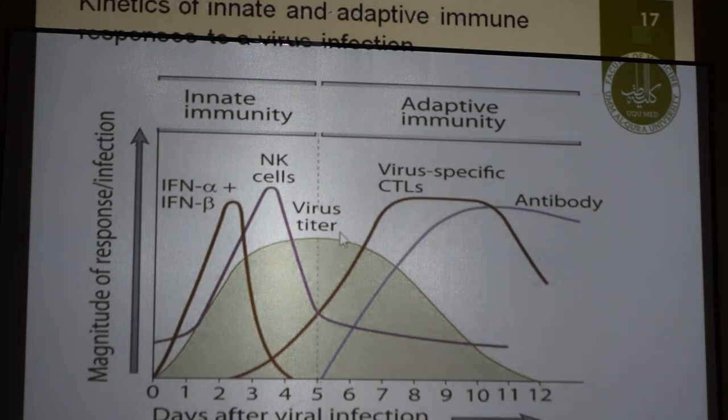At the same time, the adaptive immune system kicks in, and after 5 to 6 days you can see cytotoxic lymphocytes, the specific lymphocytes, increased in number and at increased levels in the blood. And finally, the antibodies come up at the very end and then they stay longer. So these are the kinetics by which the innate and adaptive components appear one by one during a viral infection.